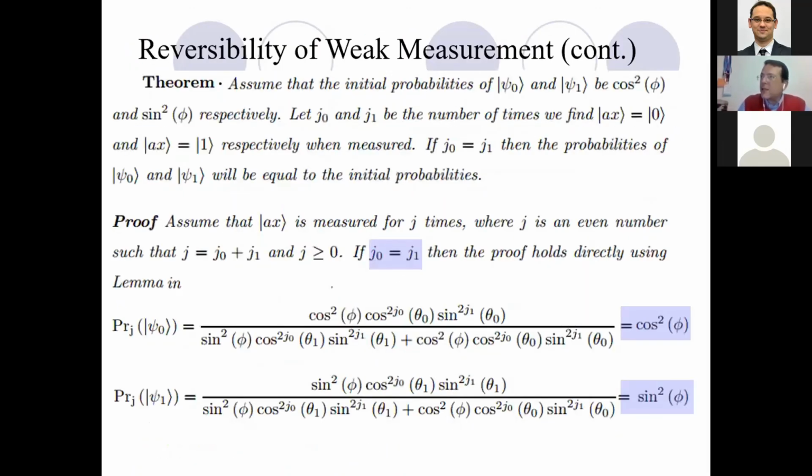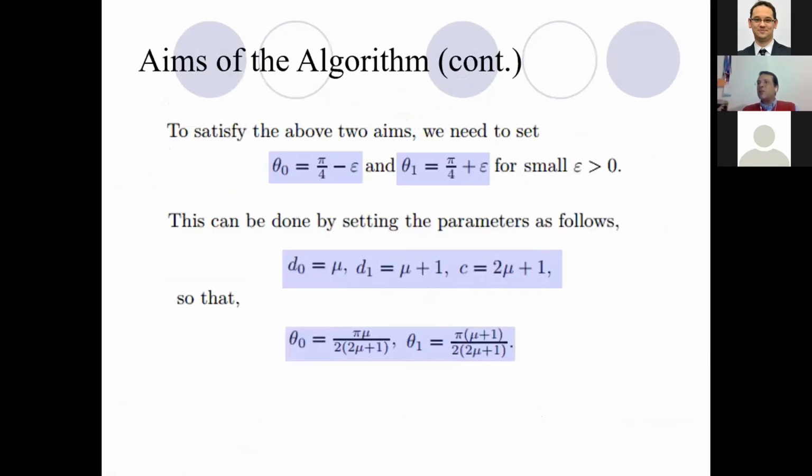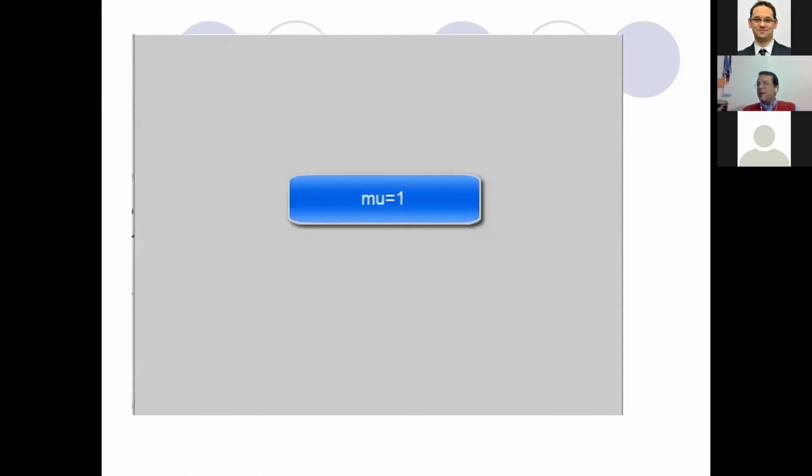This slide shows that this weak measurement is actually reversible. Every time you find J0 equal to J1, the amplitudes are restored. So what we mean by J0 equal to J1, let's go back to this random walk.